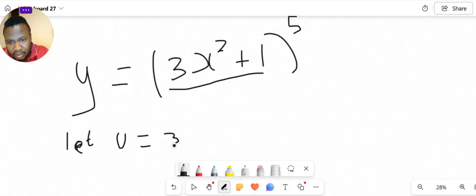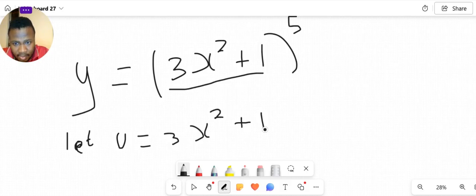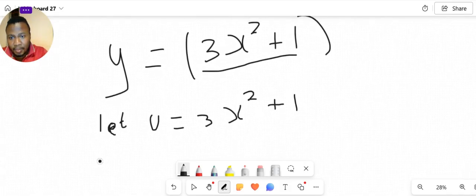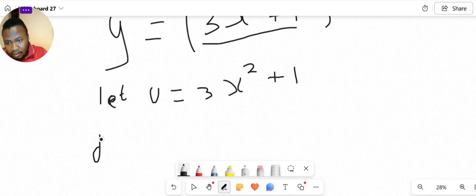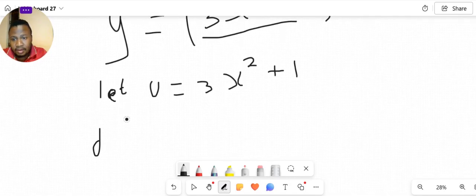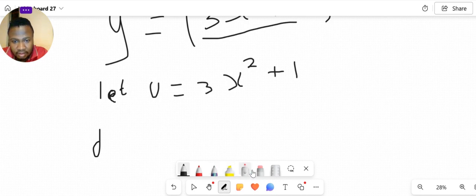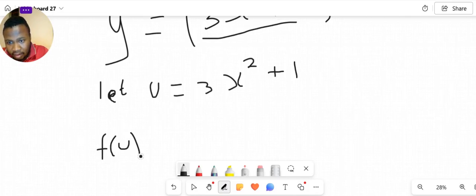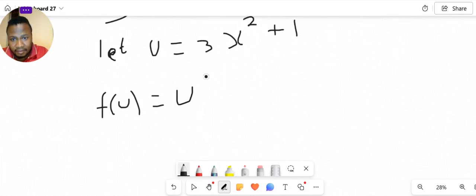U is equal to 3x squared plus 1. So f of u will be u to the power 5.